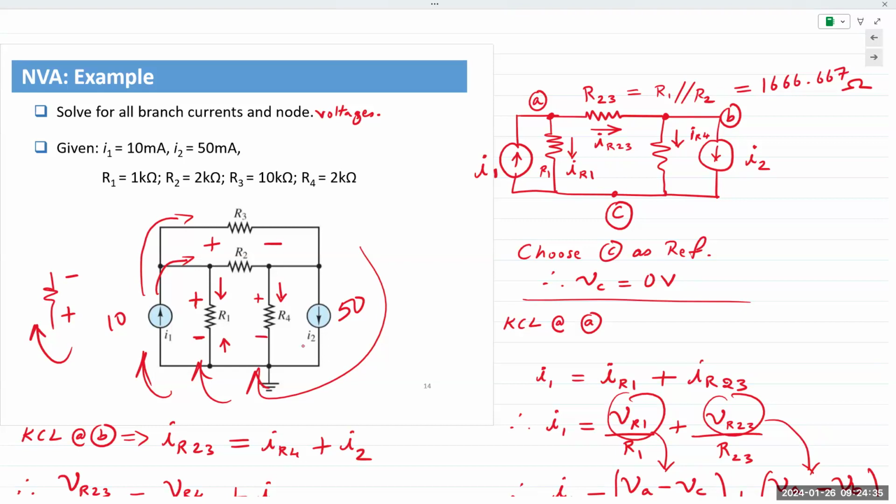Then you choose or assume a current direction, and once you assume a current direction, you can assign voltage polarity. So again, do not skip steps. Take it one step at a time, okay? At the beginning, take your time. Once you are adept at solving these, then you can skip steps if you wish, but do not skip steps.